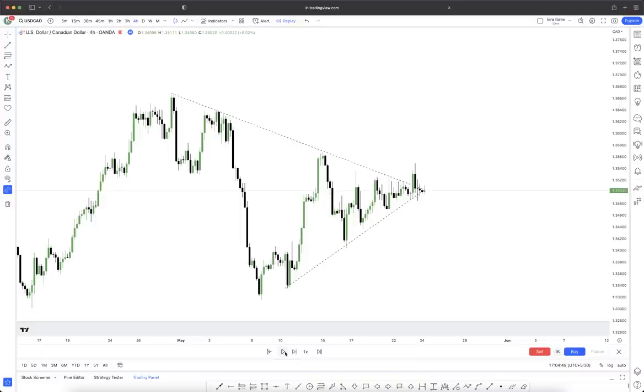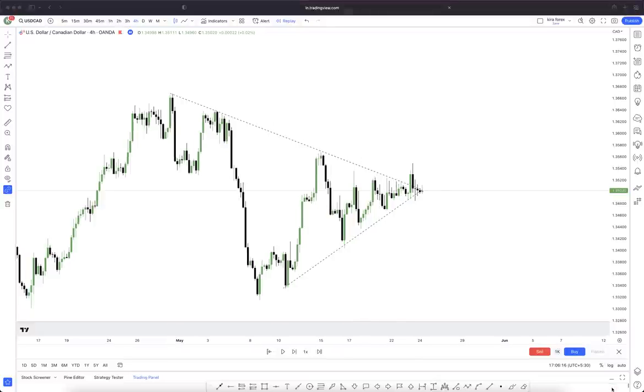Immediately price got there, we started having some kind of rejections telling us that we'll be going bullish. So we have a breakout of the trend line, a retest, and then the next thing we'll be looking at is to buy this asset. This is what I am looking to do on this pair.